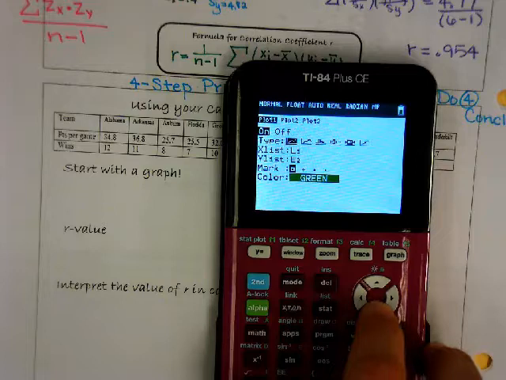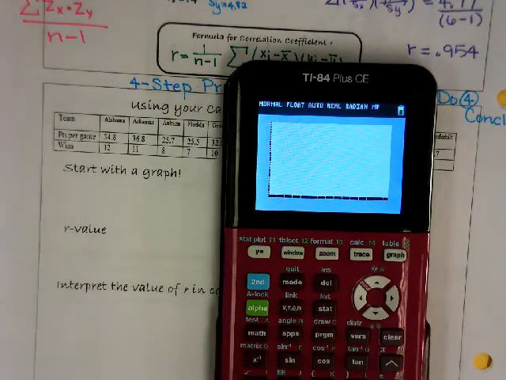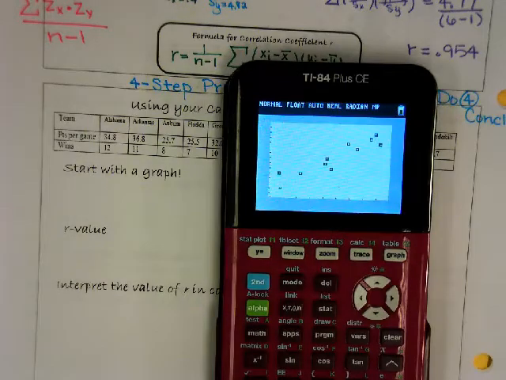Should look like mine. If your window is slightly different, you could mistake something. You shouldn't have a dot over there. Are we good? Zoom 9. We got our graph. Now, remember, you should make a sketch of any graph.